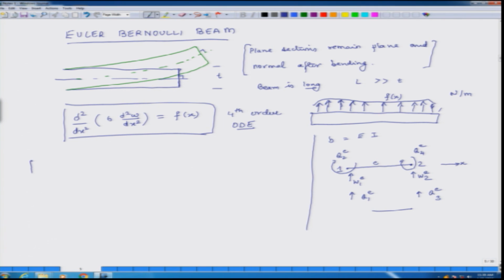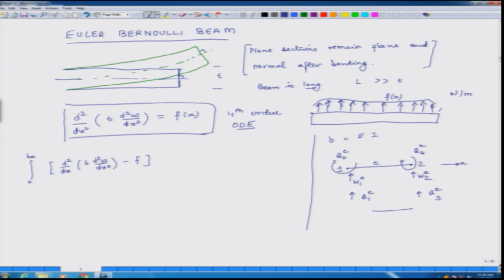I am going to integrate it over the domain of the element HE, and this is the error.